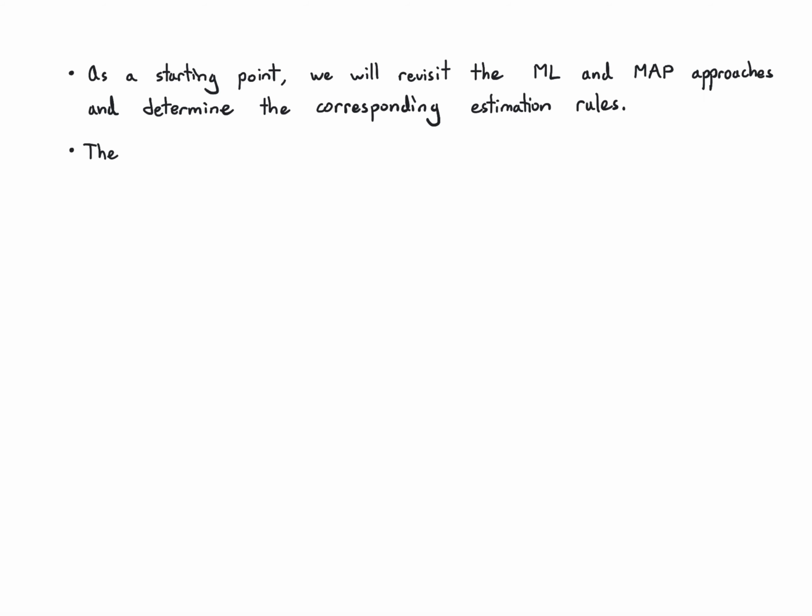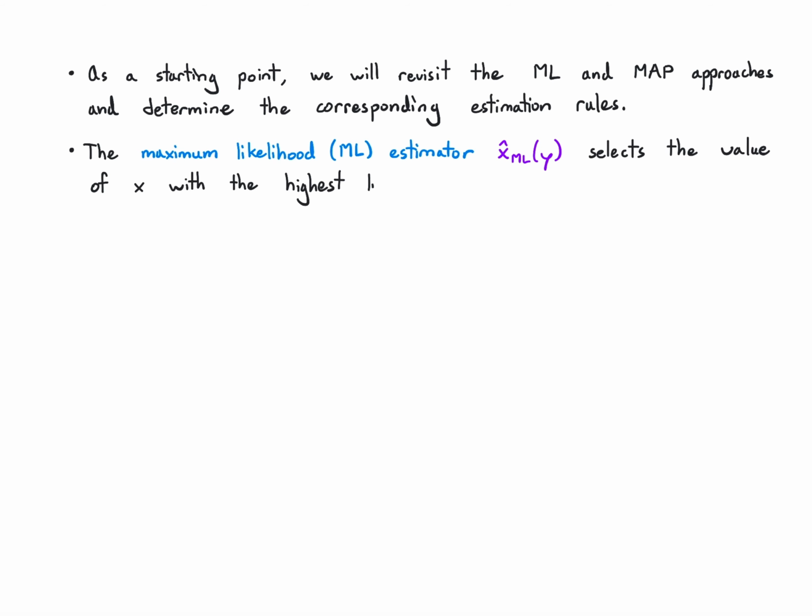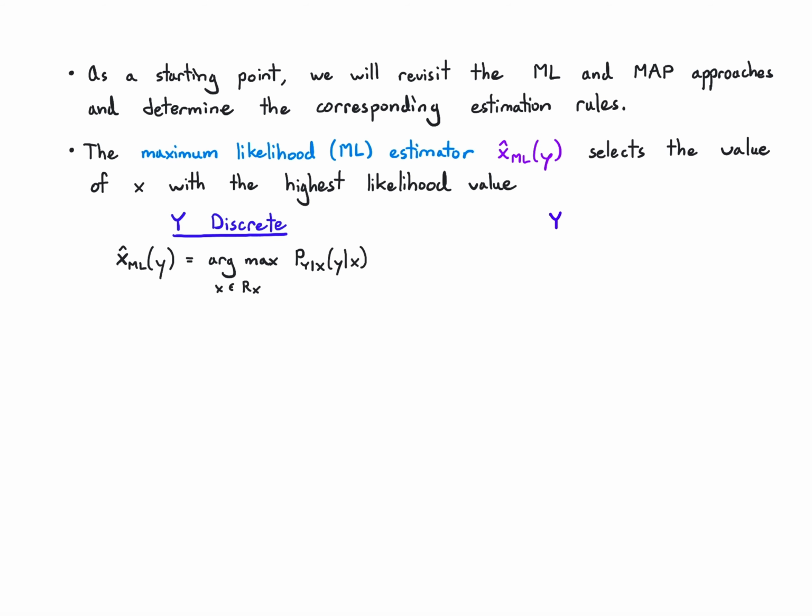All right, well, the maximum likelihood, or ML estimator, x hat ML, takes in y, and then it tries to select the value of x that best explains the value of y that you've seen, so the highest likelihood value. In the discrete case, you're taking the argmax of the conditional PMF of y with respect to x.